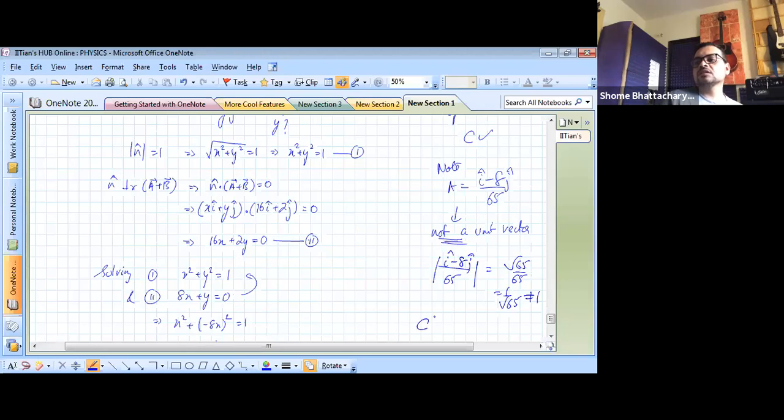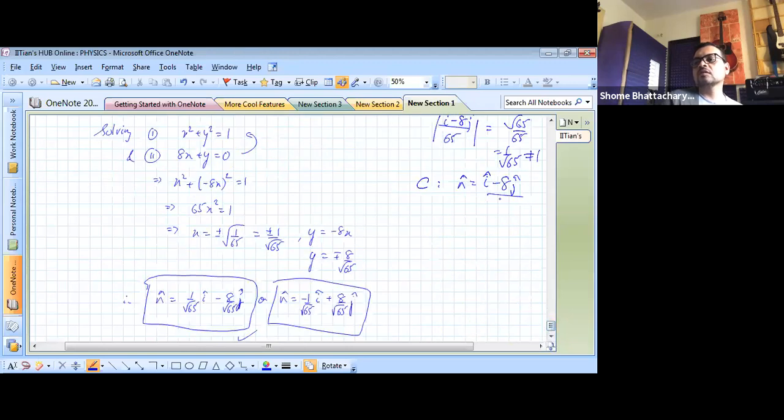So that's why this is not a unit vector. Whereas option C, it is correct. In option C the unit vector is given as i cap minus 8 j cap by root 65. So you can see that this has magnitude equal to 1 and dot product with a plus b gives 0.